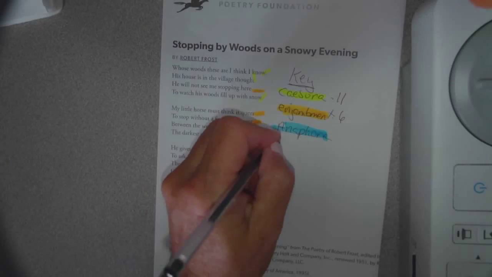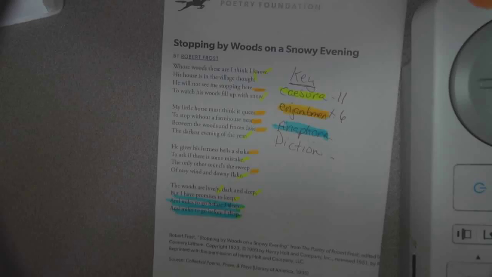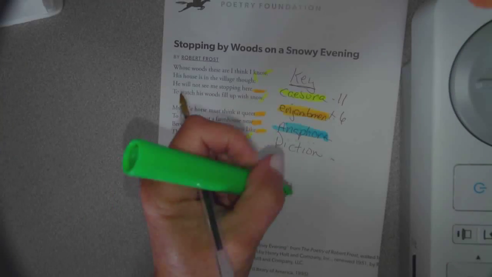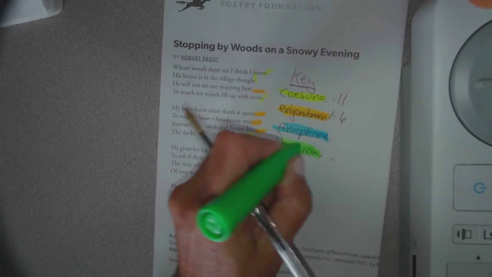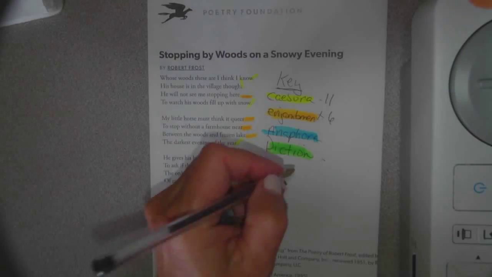That's that. All right, and then we have diction. Remember, we always look at diction when we're annotating a poem, because, as I said before, most every word in the poem is tied into the tone and the meaning in order for us to understand it and get the mood.